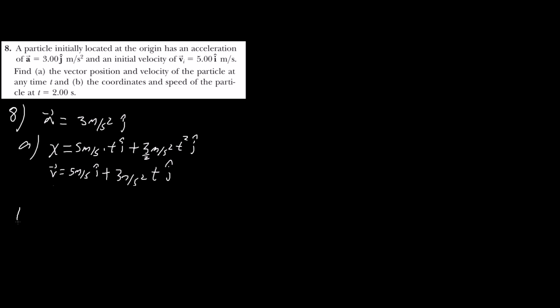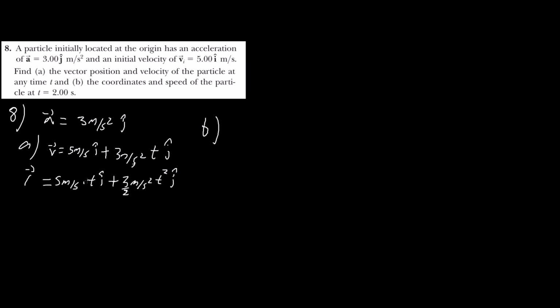Part B is the coordinates and the speed of the particle at 2 seconds. Now, notice that it says coordinates and speed. Well, the coordinate is pretty straightforward. It's just plugging in the r vector at 2 seconds.